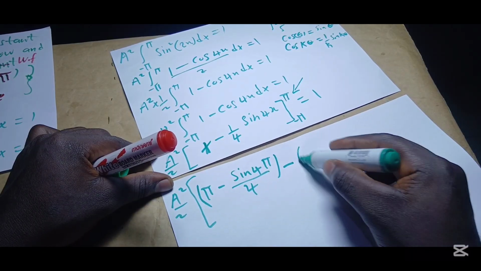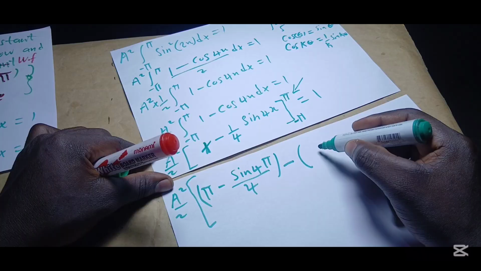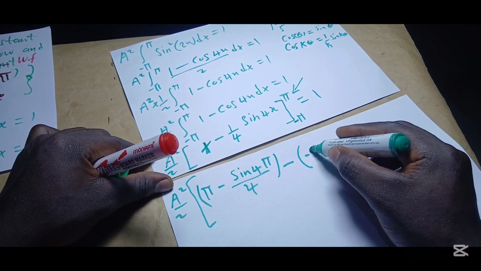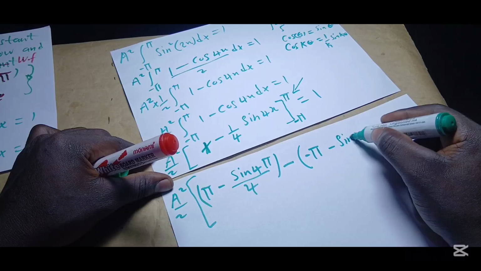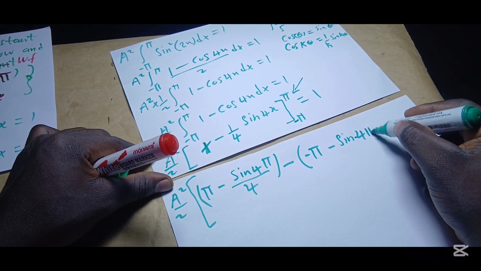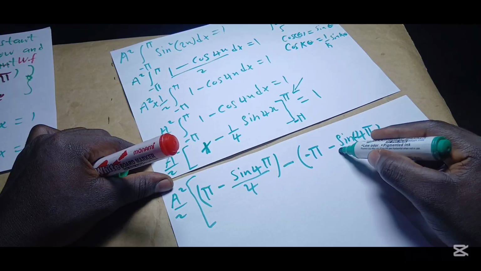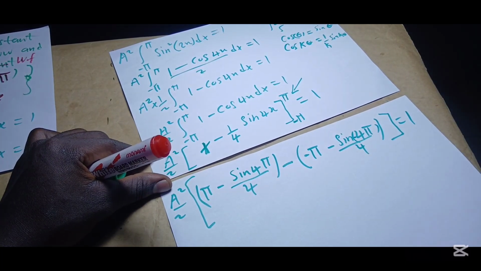Then minus bracket, we put in our lower limit, which is minus pi. Wherever we see x, we put in minus pi over there. So x, which is minus pi, minus sine 4x, which is sine 4 negative pi. So this will become negative 4 pi, all on 4, close, equal 1.